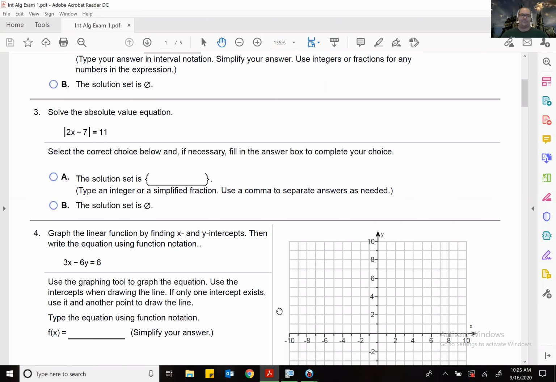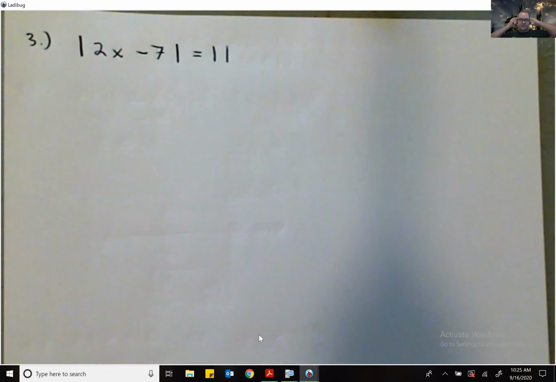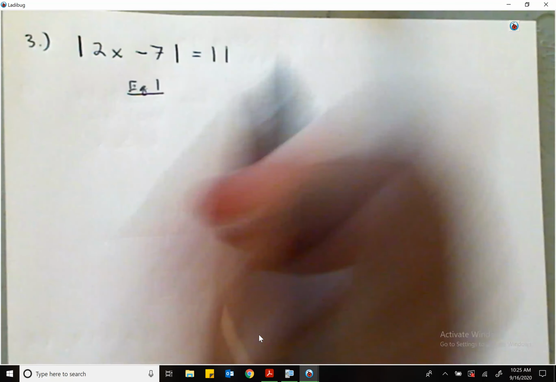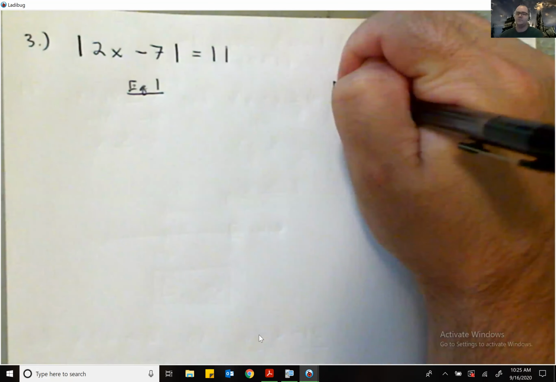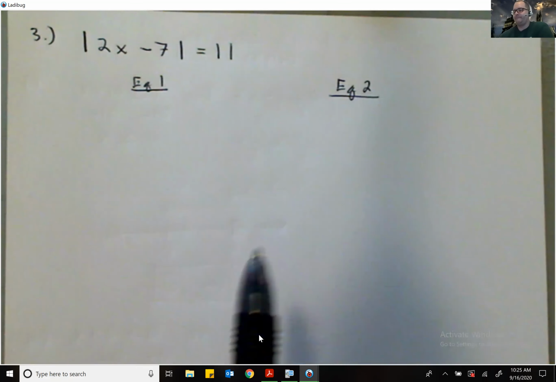All right. So let's talk about how we get this answer. So there are 2 answers, which means that we are dealing with 2 equations. You're all really good at giving me equation 1, but it's equation 2 that kicks your booty sometimes. So let's talk.